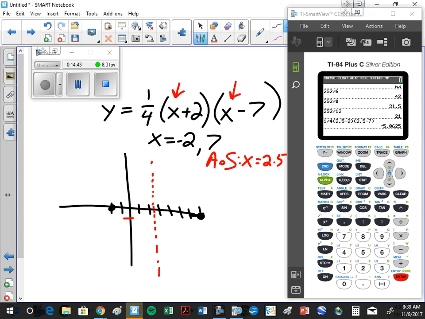So here's the line for -5. It's going to be slightly below that. And it would look like this. Does that make sense? Okay.